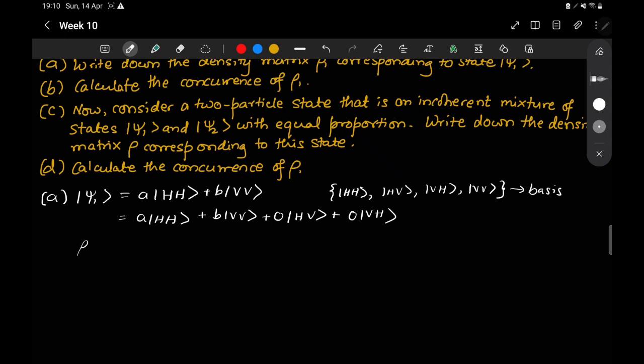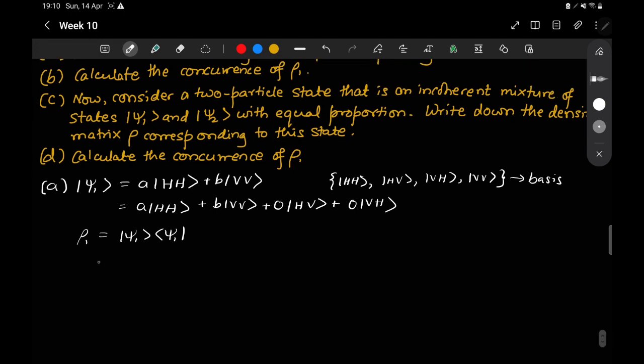Now density matrix given a state is written as follows. So let us use this.